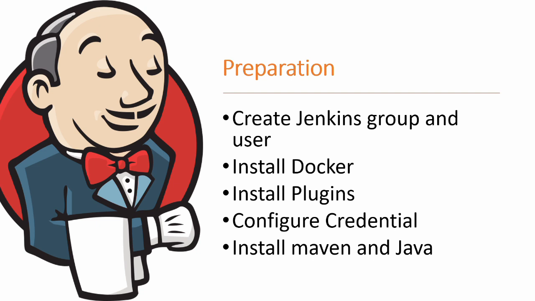After that, I'll install Docker and then install some of the plugins required for this pipeline, then configure the credential and install some of the other tools like Maven and Java. Since this is a Maven project, that's why I need Maven, and of course I need Java.